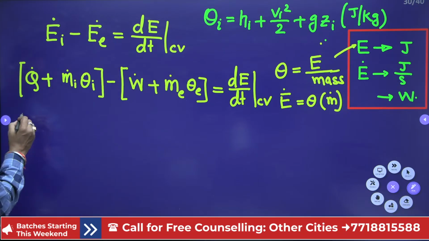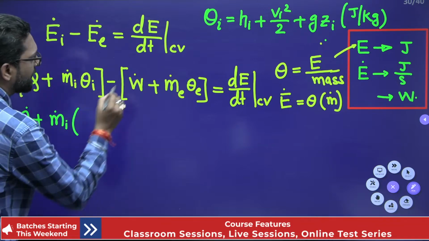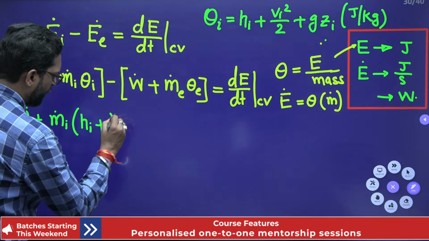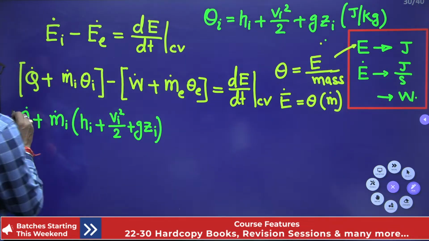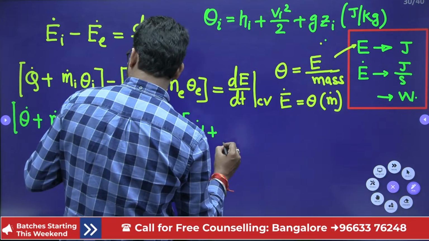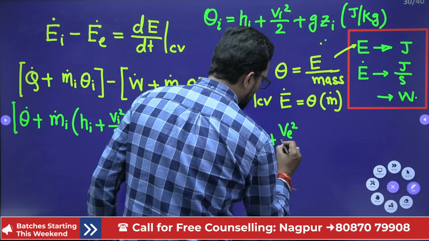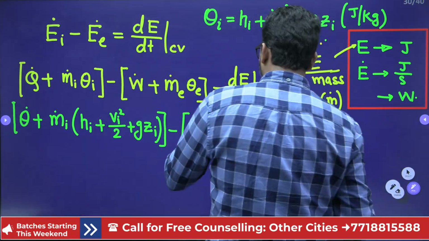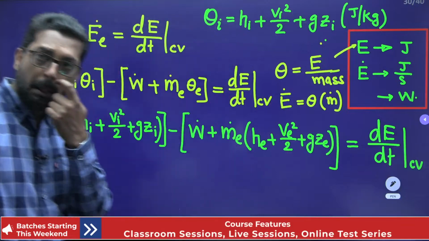So here we can write Q dot plus Mi dot into Hi plus Vi square by 2 plus gzi, all in one bracket, minus work plus m dot exit, H exit plus V exit square by 2 plus g ze, is equal to dE by dt of a control volume. No problem at all.